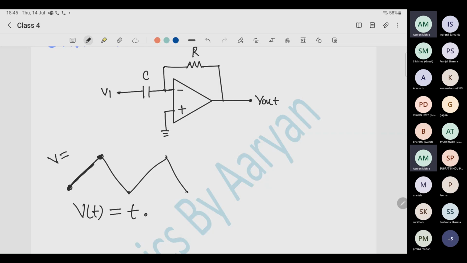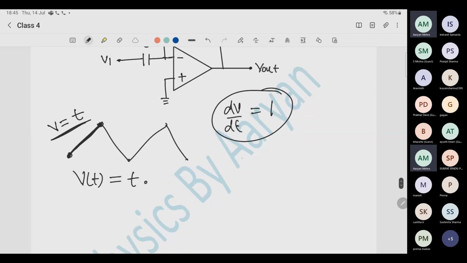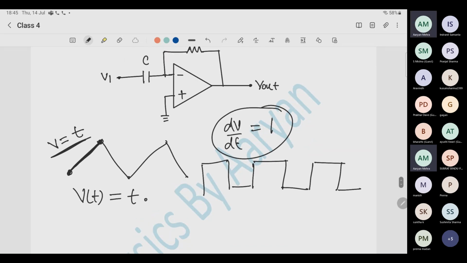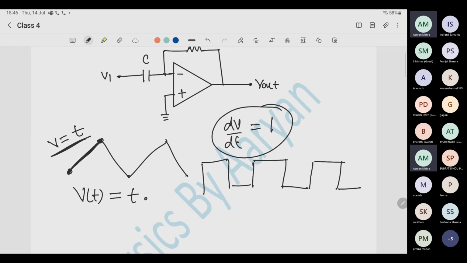So this line means V equals t, the equation of a line. If you differentiate t, dV by dt, you get a constant. So you get a square pulse. Before, we had a square pulse, differentiated it and got peaks. Now we have a triangle, and if you differentiate it, you get a constant, which gives a square pulse wave. So everyone understood?